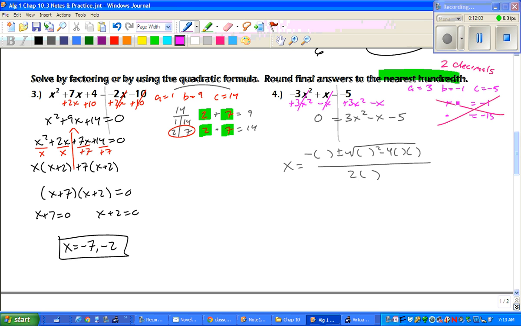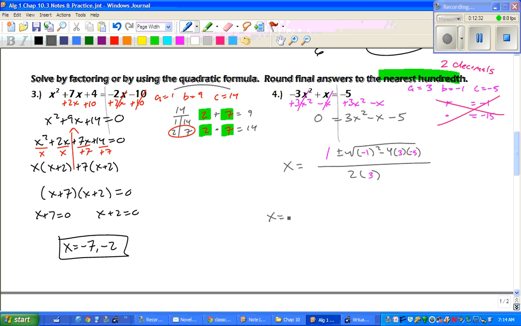So now we're going to start plugging everything in. So, you kind of see why we say the opposite of b, because those two negatives, it's just going to be 1. Okay, because it's the opposite of b. B squared minus 4ac, all divided by 2a.